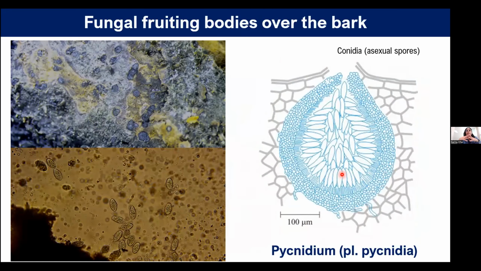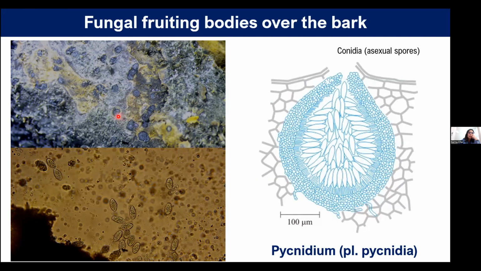Okay, so those were all symptoms, but we also saw some signs of the pathogen. When I'm talking about signs of the pathogen, I mean when we are able to see the pathogen on the different samples that we took. In this case, these small things that are here are fruiting bodies of the pathogen.